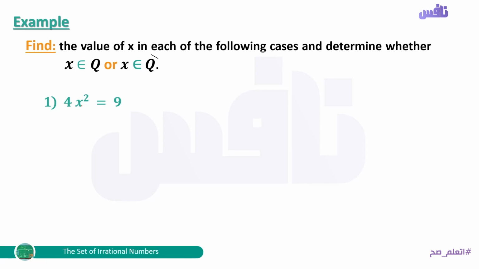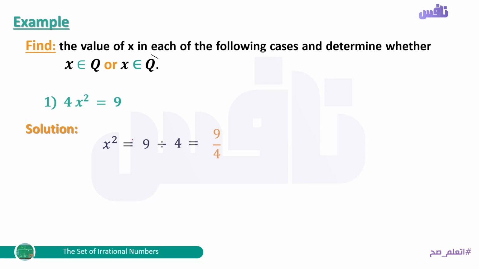So the number 4 will go to the other side by division because the sign between 4 and x power 2 is multiply. Then we have x power 2 equals 9 divided 4. By using calculator, the result will be 9 over 4. Now we have x squared equals 9 over 4.